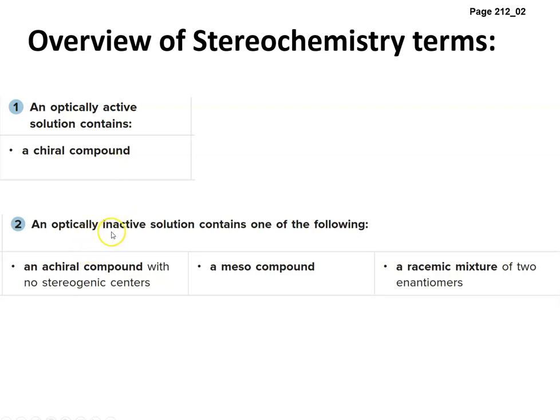If it's optically inactive, it's either achiral, so there's no stereogenic center, or it's a meso compound, which means that you can fold it on itself and it has a mirror image of itself within itself, or it's a racemic mixture, which has an even mixture of the enantiomers. So again, just an overview of some of the terms that you should know regarding stereochemistry.